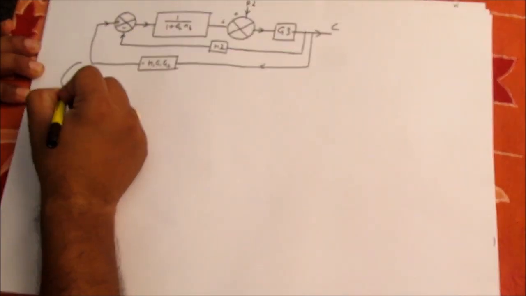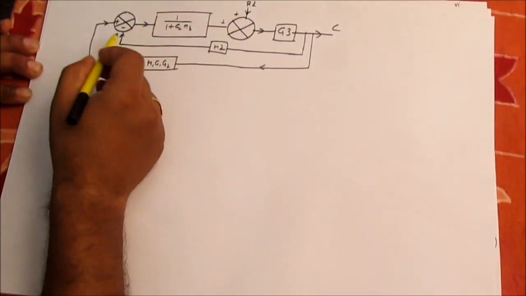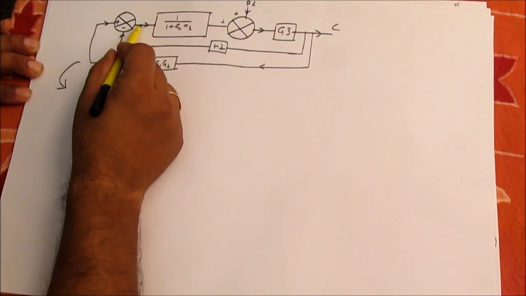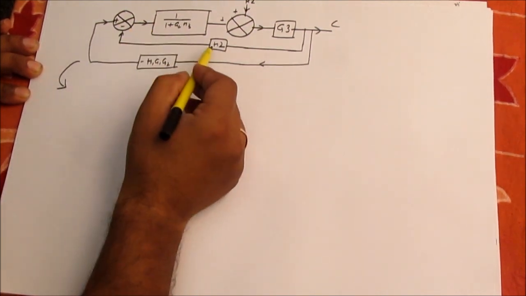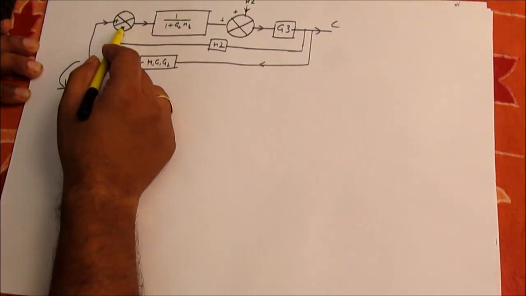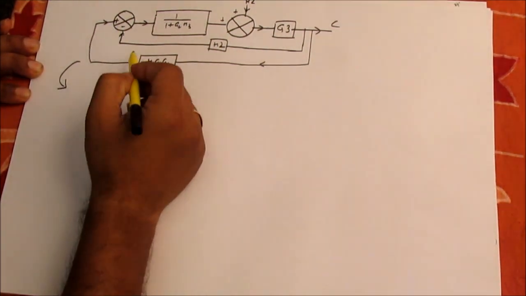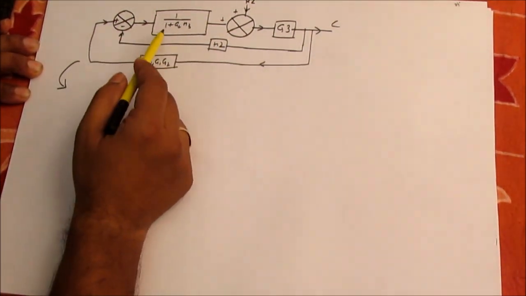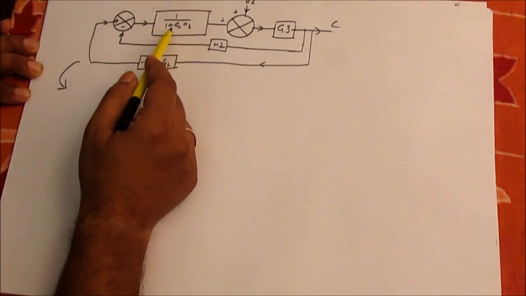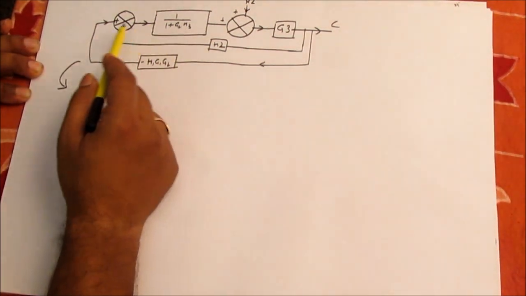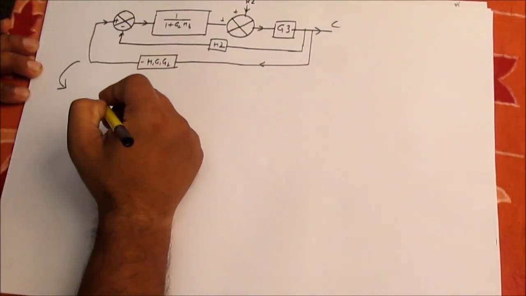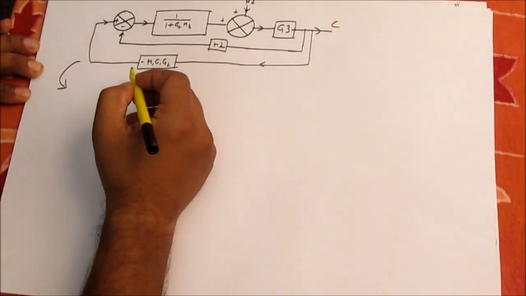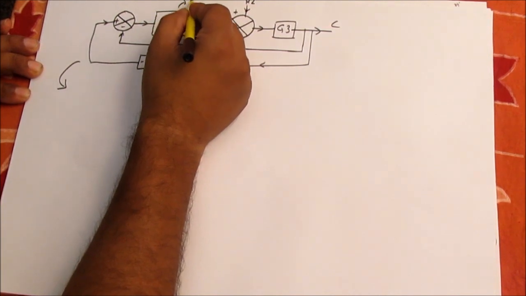So I will redraw it. Here it is a plus sign, so here the signal will be minus H1 G1 G2 and then minus H2, because here we have minus sign. Then this block will be in series with this block 1 plus G2H3. So as they are in series, we can take the product of these two blocks. So let's rename it as Q.